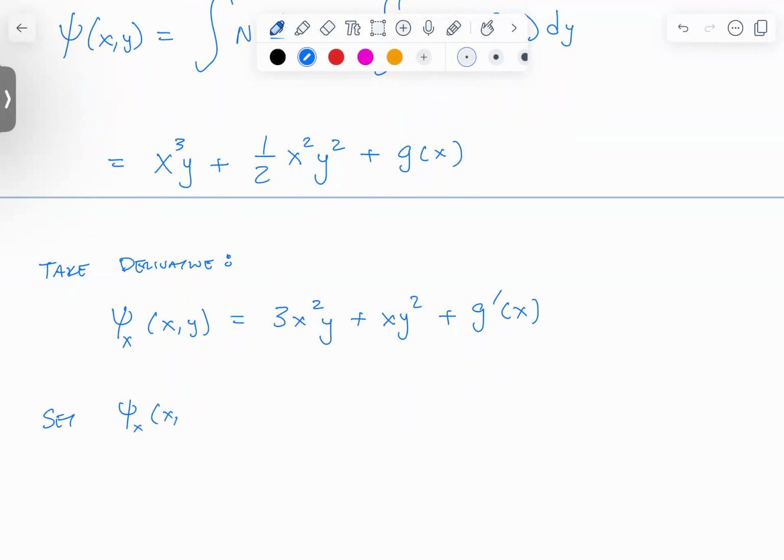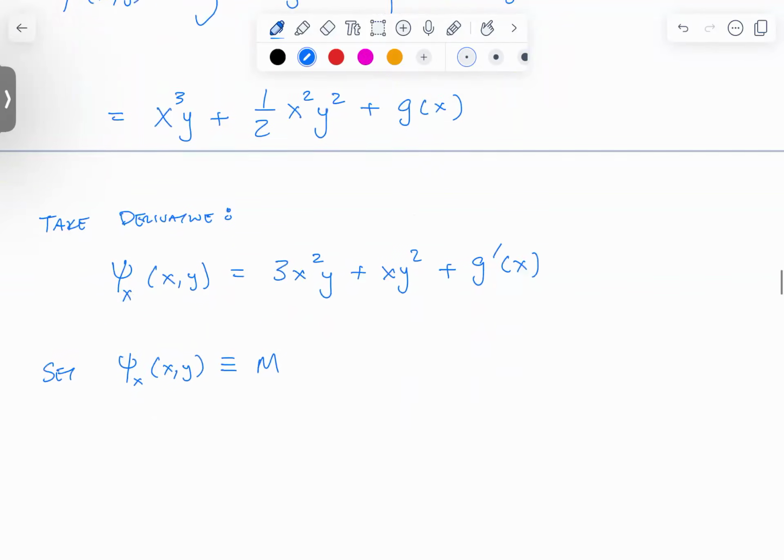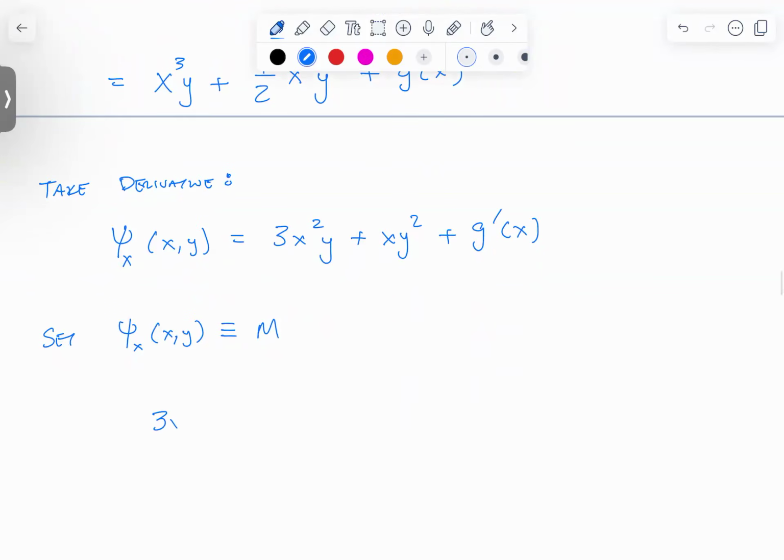Sine x equal to m now. And this is when you really know you're on the right track.